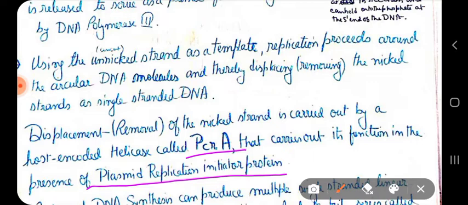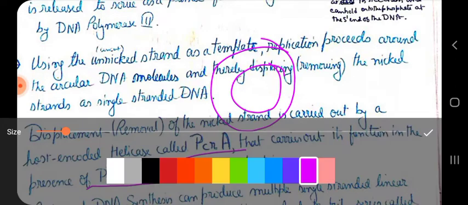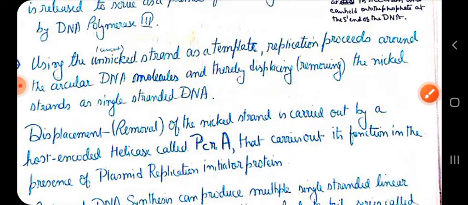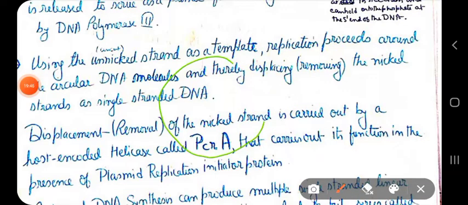So on one hand, if this is the double stranded circular DNA, at one side a nick has been made in one of the strands, suppose on this side. After nicking you can see this thing occur.